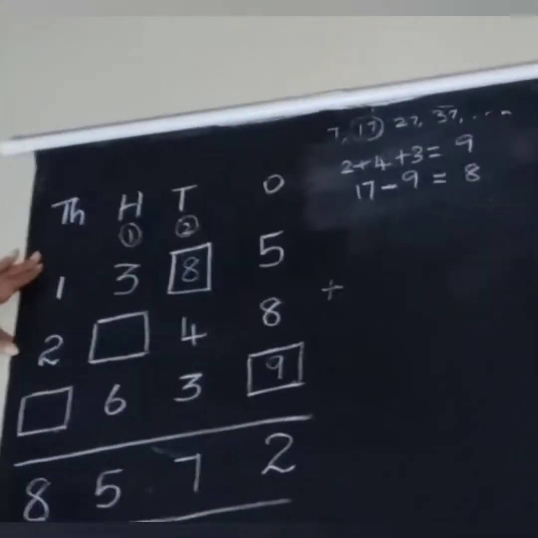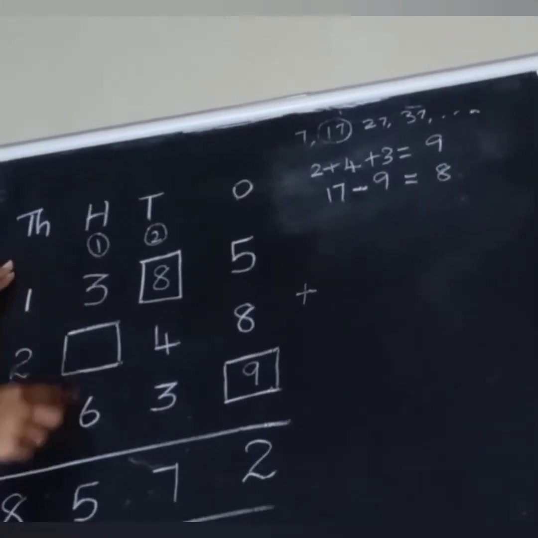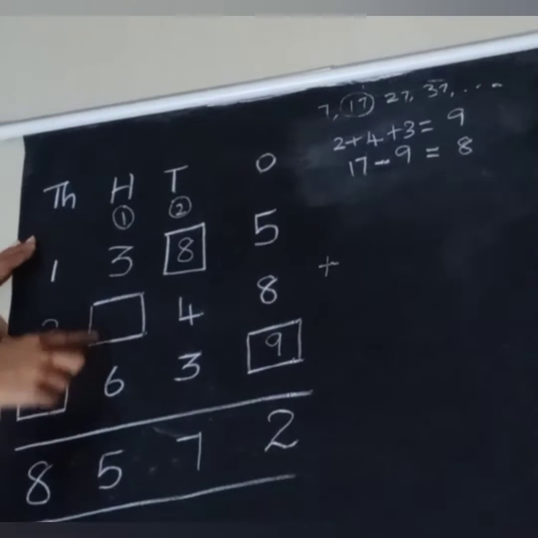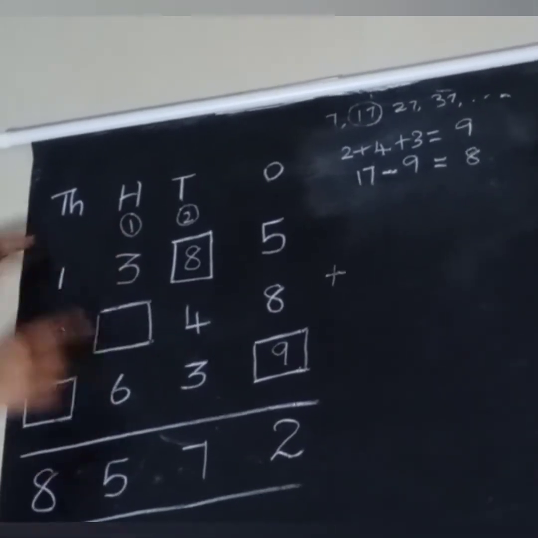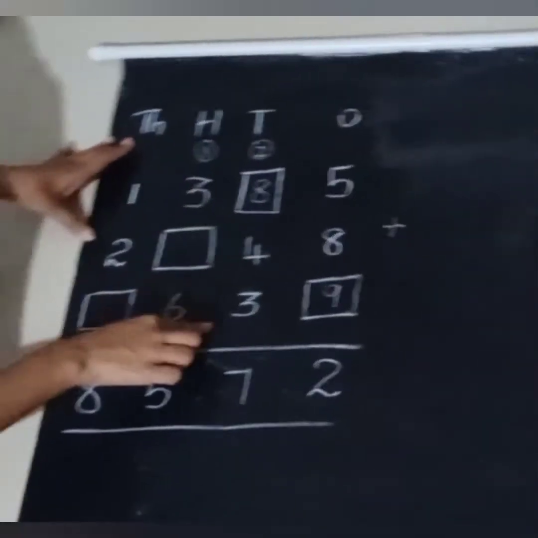Now let's concentrate on hundreds place. You have 1, 3 and 6 at hundreds place and one missing digit also. Students, you know that very well. First what you have to do? You have to add all the numbers given in that hundreds place.